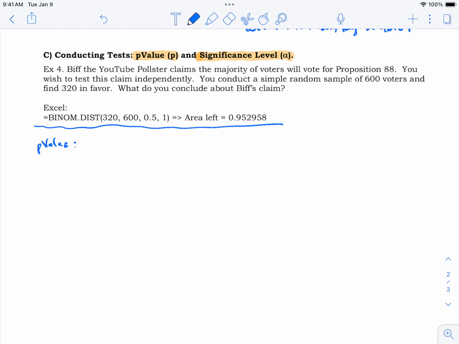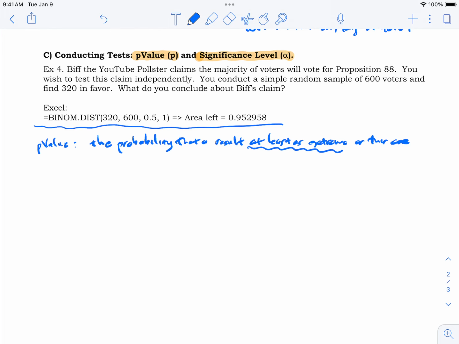It's kind of like how likely is it to get such a weird result. So I'm going to say the probability, because it is a probability, that a result at least as extreme as this one, whatever one you're looking at.